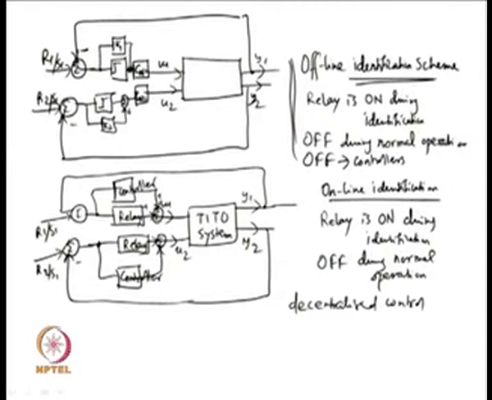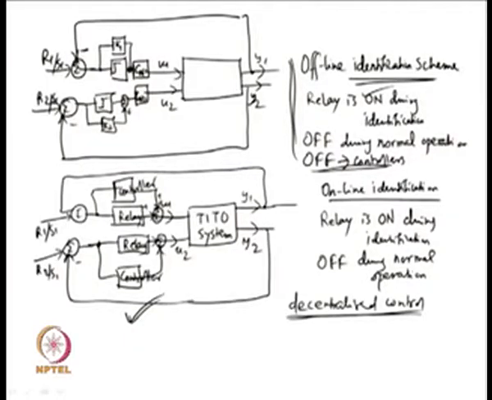Here, unlike the online identification case, in the offline identification scheme, the controllers remain off during the identification, which is not so in the online identification scheme. I mean to say, the controllers are always there in the loop. That means, when decentralized control is effected, that time the relay is switched off, otherwise the relay is switched on for identification of parameters of parametric models of the TITO system.